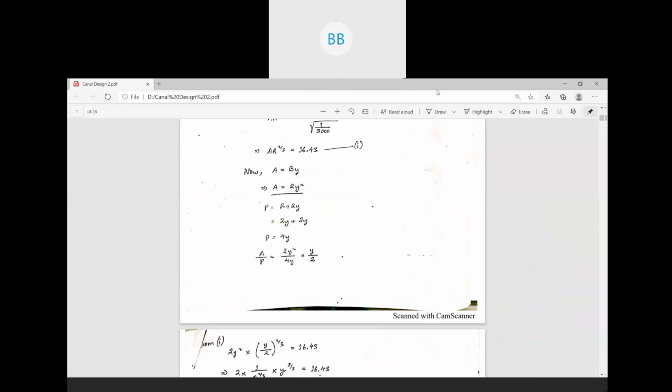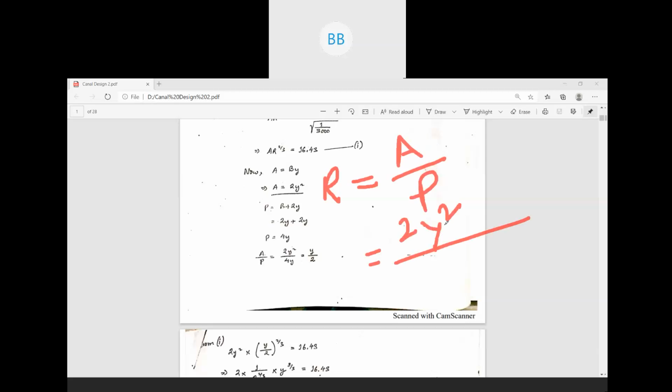Now we need to find out the R value. R is nothing but A by P. Area we have already got as twice Y square, and this is your 4Y. So this will be Y by 2. So your R is nothing but Y by 2.